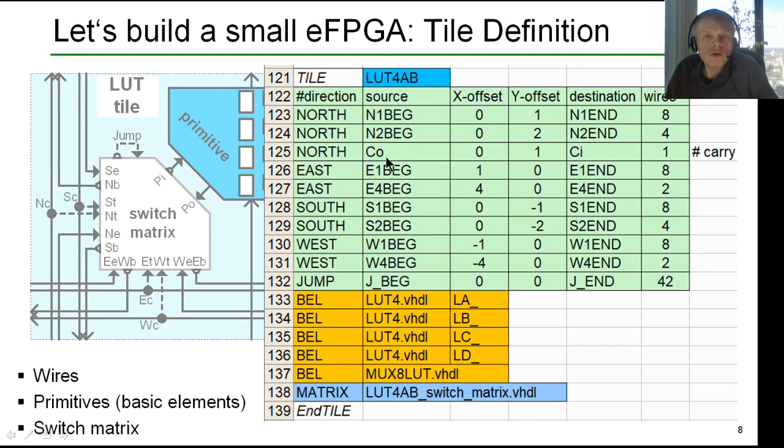If you want to specify your routing, you just say how many wires you want to have in your north, east, south, west direction, give them symbolic names, and you can also specify adjacency matrices or lists, which is not shown here for simplicity. Okay.